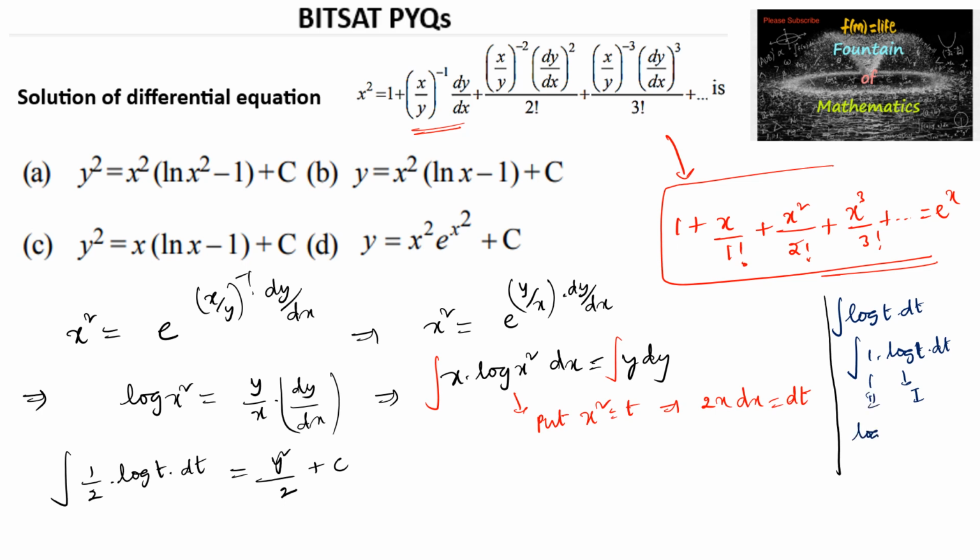So log t into integration of 1 dt minus integral of differentiation of log t, which is 1 upon t, into integration of 1 dt. So we can write log t into integration of 1 dt is t, that is t log t minus integral of 1 upon t into integration of 1 dt is t. So we can write t log t minus t plus c.